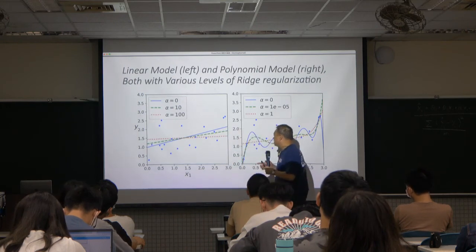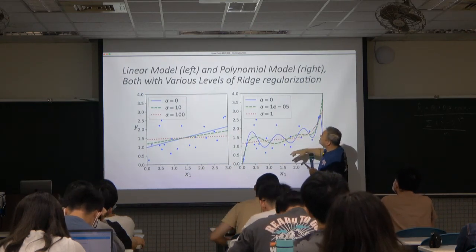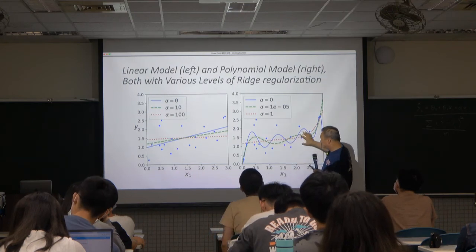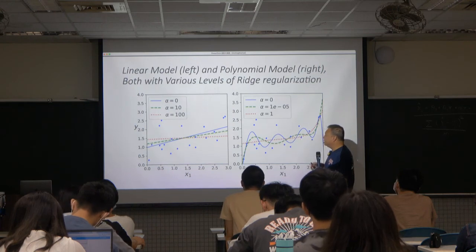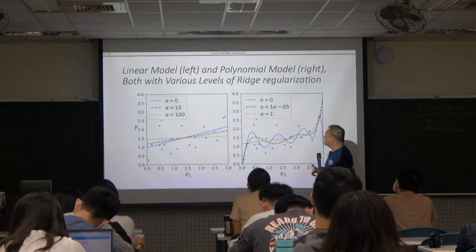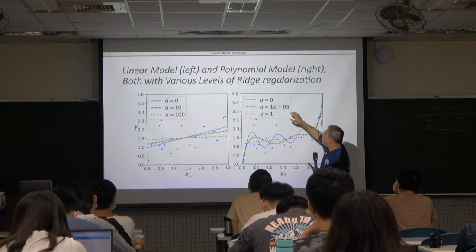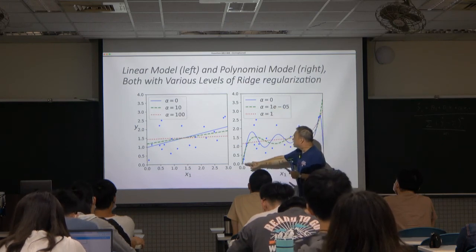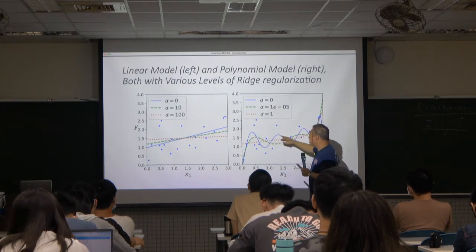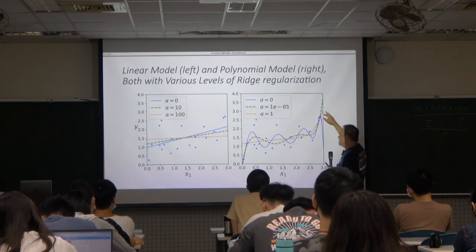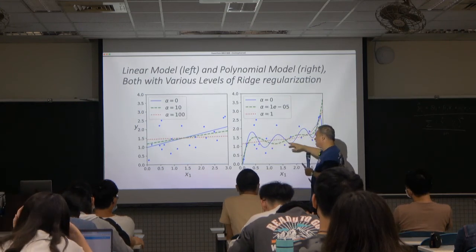And here is a more telling example. Here we are using a higher order polynomial to approximate these points. The original blue line is when alpha is 0, meaning we are not constraining. We do not put any regularization into this model.